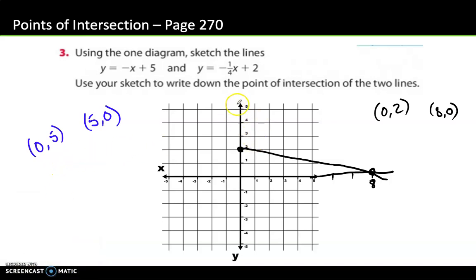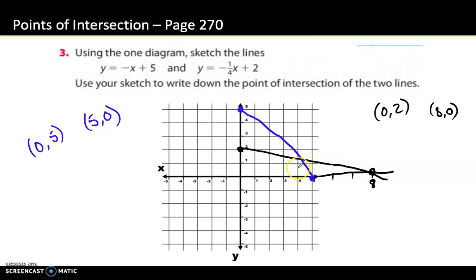So 0, 5 is this point all the way up there, and 5, 0 is this point here. And when we put it in, oh God, that's really wrong. So my graph, as you can see, is not straight because I don't have a ruler. I'm freehanding at the moment on a tablet.